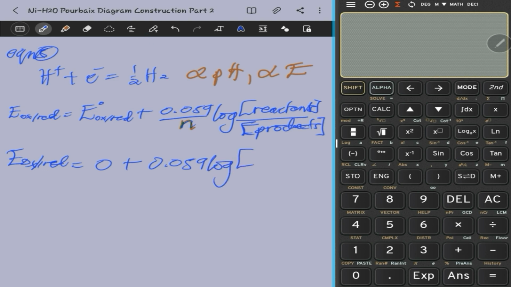So here, let's take this down a bit. Now we are going to write the concentration of reactants and that of product.